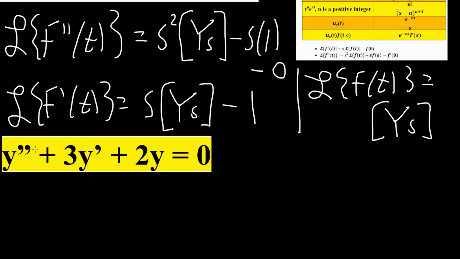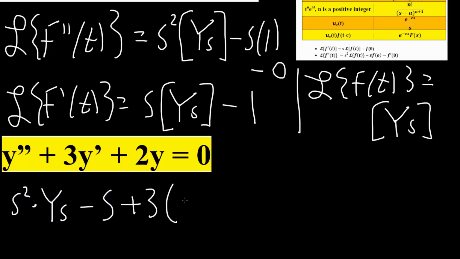So y double prime, we will plug in s squared times Y(s) minus, so s times 1 is going to be s. Next we have plus 3y prime. So plus 3 parentheses y prime, so this right here.